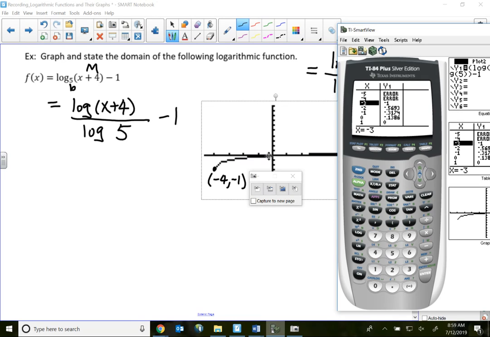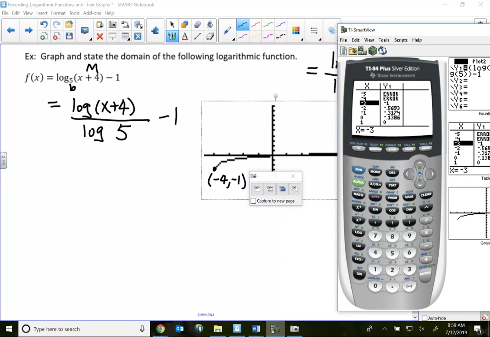But this picture right here is F4. Oh, I know why. If I plug in -4 here, that will actually be a 0. I cannot take the log of a 0.